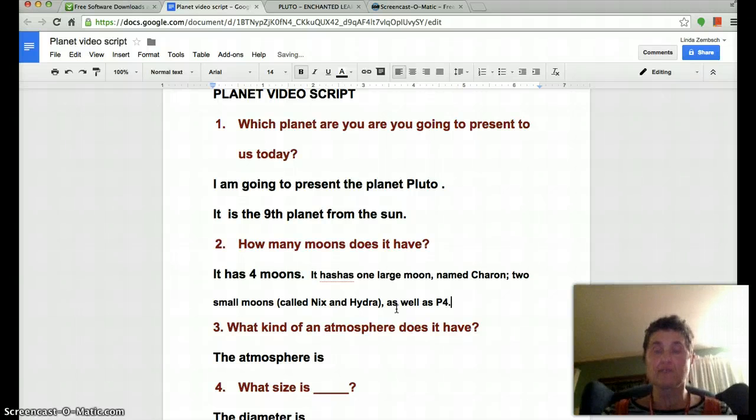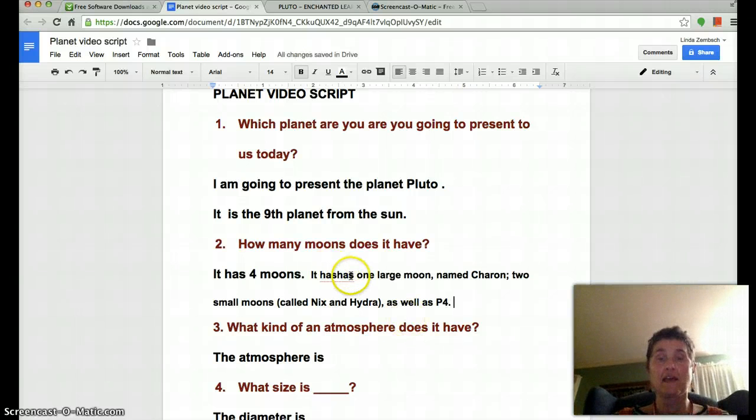Alright, so I wrote down that information. It has one large moon named Charon, 2 small moons called Nix and Hydra, as well as P4.